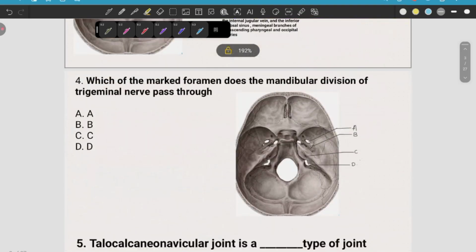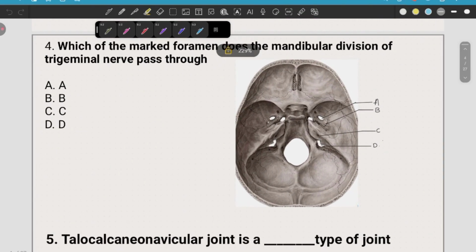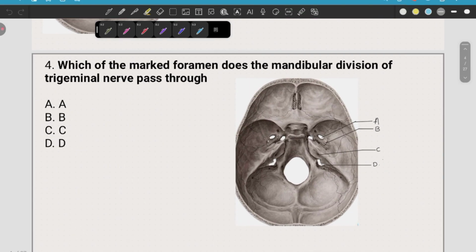Now coming to the fourth question: through which of the marked foramina does the mandibular division of the trigeminal nerve pass? There is a funny thing: man loves ova. Man should love ova.